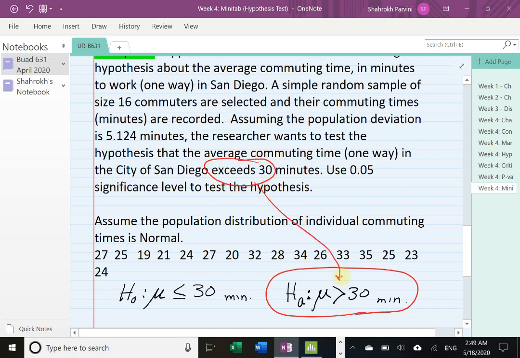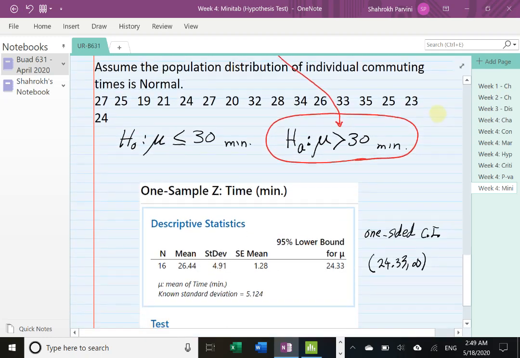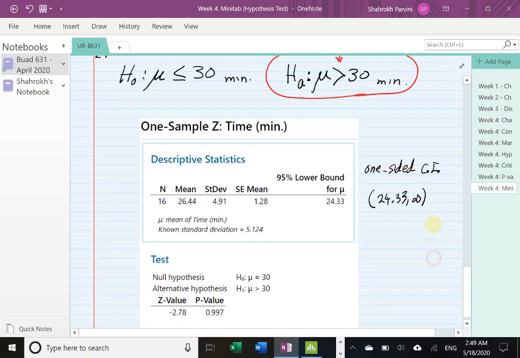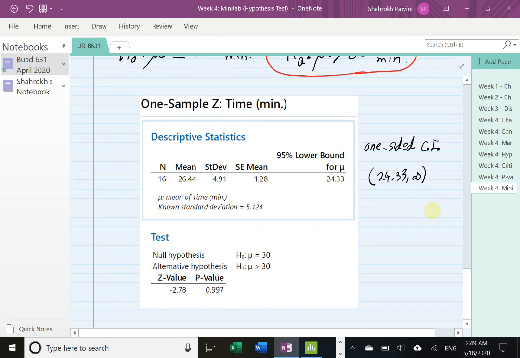See, exceeds means greater than. The alternative is greater than. That means the null must be less than or equal to, to complement it. So this is a right tail test. And being a right tail test, I ran it as a right tail test. And here's the statement of the hypothesis, the null and the alternative, and check out that p-value.